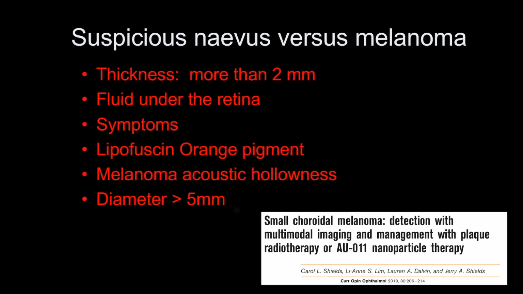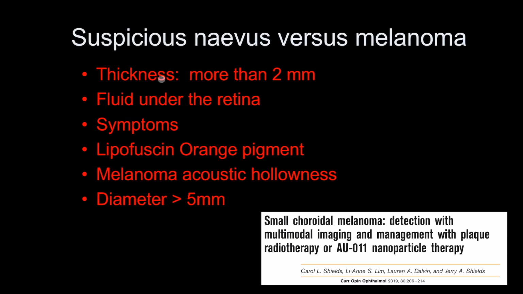You can have suspicious moles, moles that have some features that might indicate a malignancy, and it can be hard to tell between a suspicious mole versus a melanoma. And these are the kind of things that we would look for.